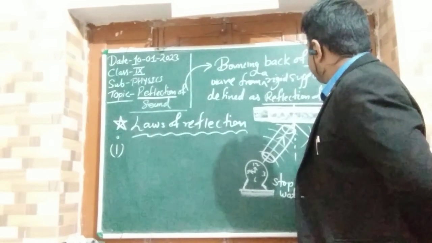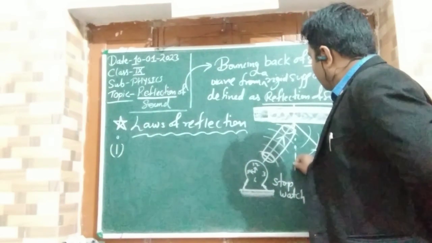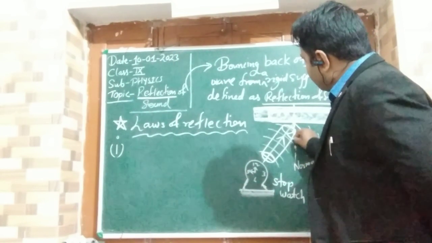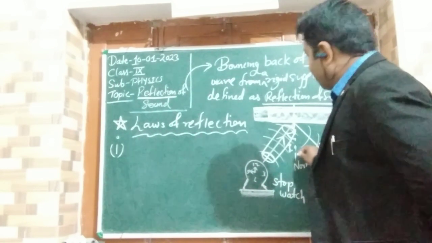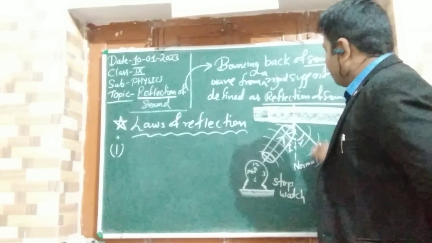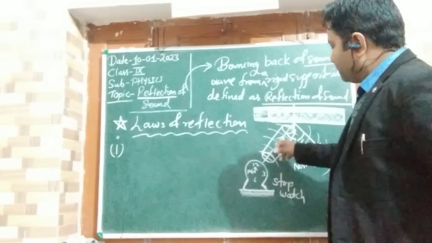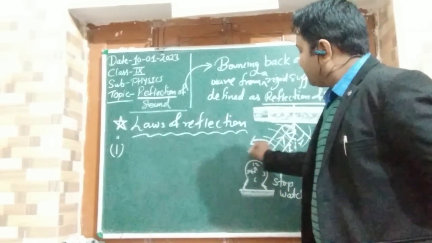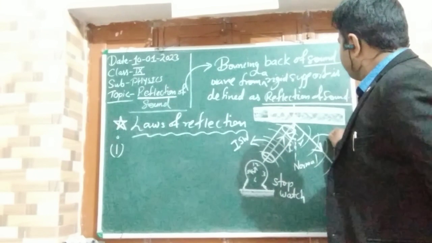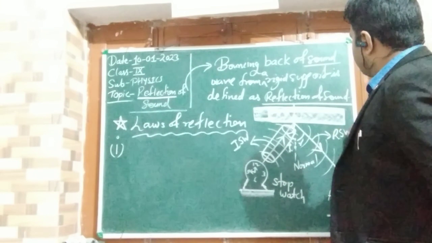In a very simple way, this is the normal, and this one is what? Angle of incidence, and this one is angle of reflection. This one is the incident sound wave, and this one is the reflected sound wave.